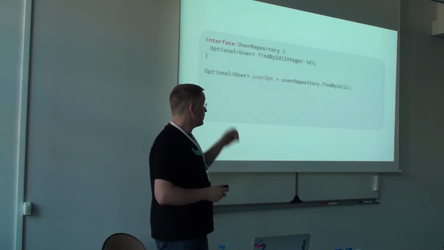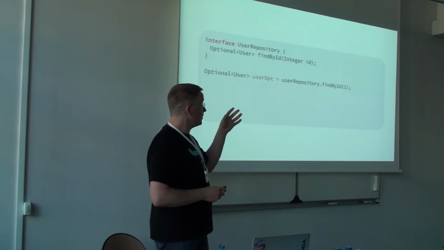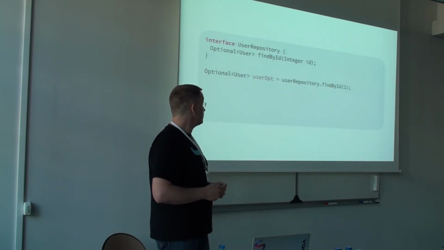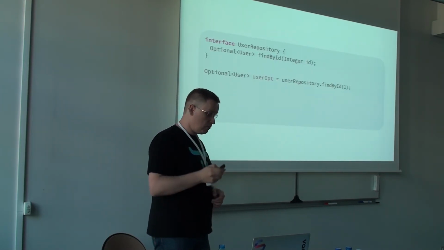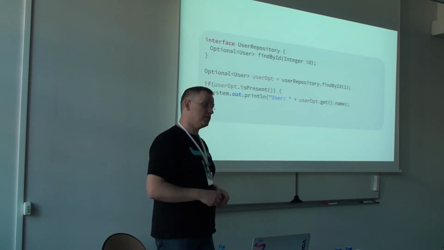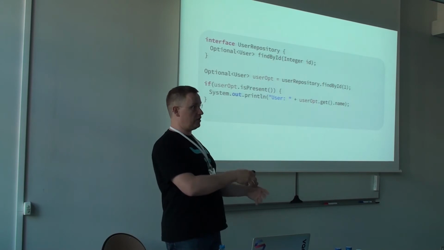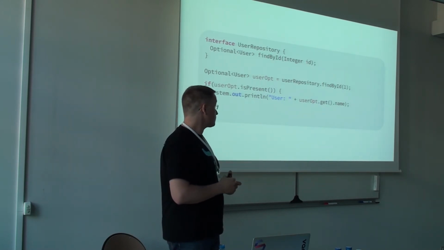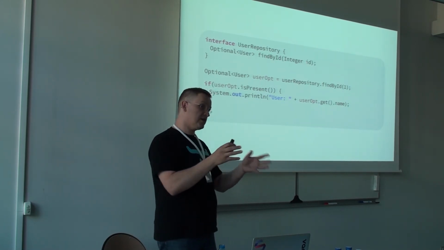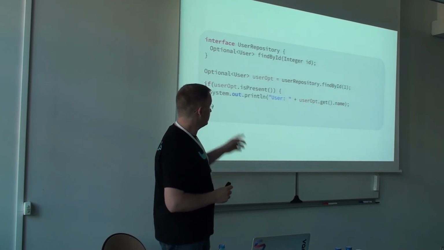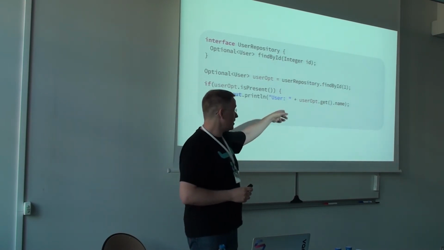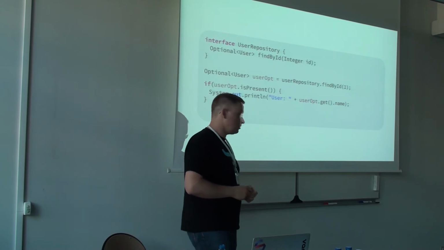And this is where we use it. We call the method and get the Optional of user back, and we can just use the isPresent method in Optional to see whether there was actually a user inside the Optional or not. And if this returns true, then we can get the value and, for example, call getName from there.